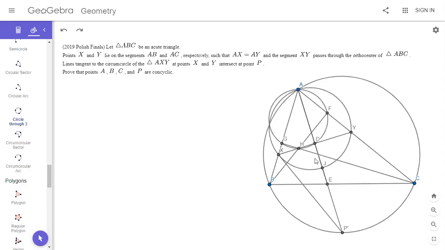So if we can show A is the ex-center of triangle P prime XY, that would solve it. Oh, but that's just equivalent to what we're trying to prove, I think. Yeah, but basically we want to show A is the ex-center of triangle P prime XY.